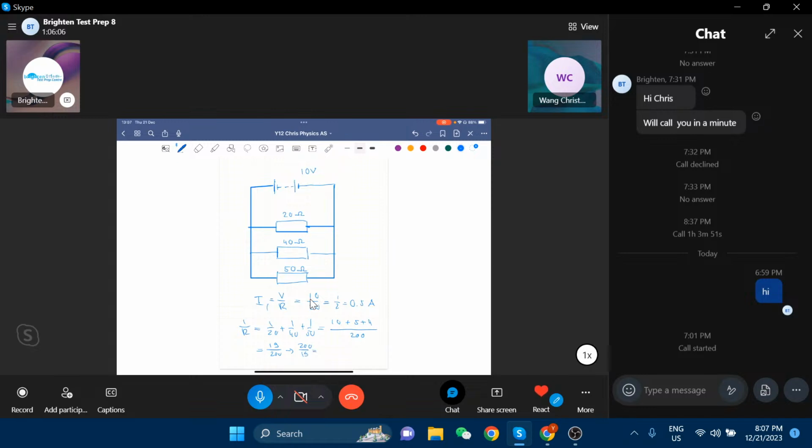That's something like 10.5, roughly. So 10.5 ohms, that's the RT. Okay, and now what is the final step?